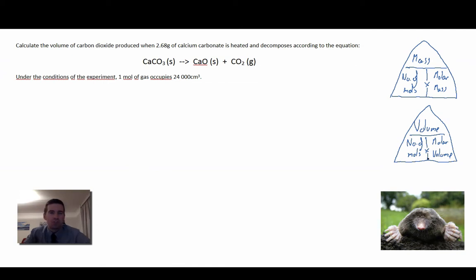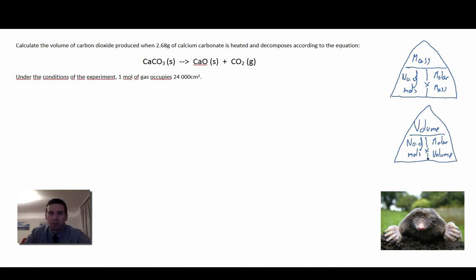So this time we are starting with a mass and we have to find volume. So in this type of problem, we have to use both triangles. But it's a very similar process to what we've already seen. So let's just get straight on with it.